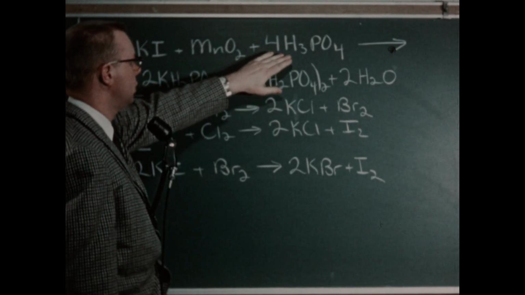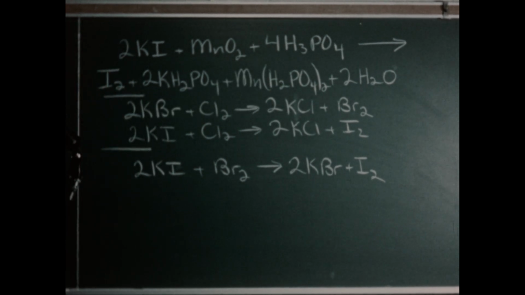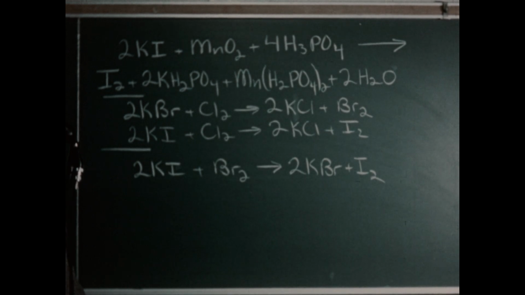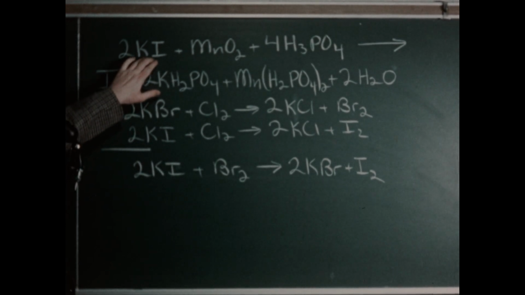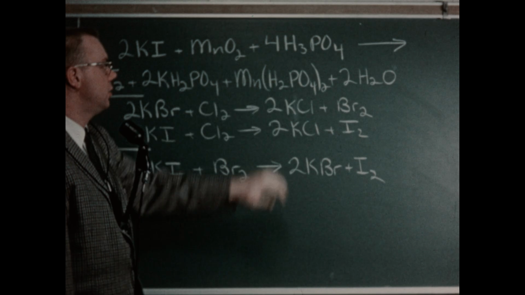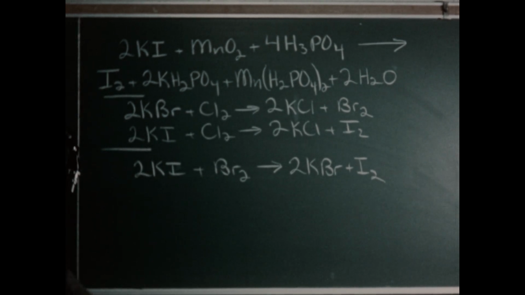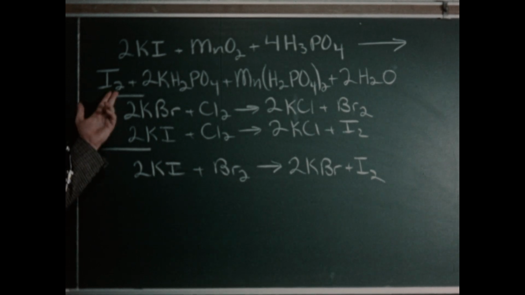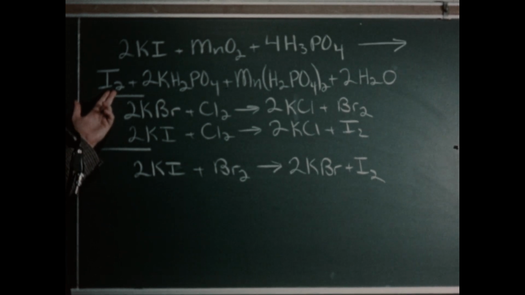The substitution of phosphoric acid for the sulfuric acid that we used previously was for a good reason, because iodides are able to reduce sulfuric acid to hydrogen sulfide. And if we use sulfuric acid in this preparation, the iodine that we obtained would be contaminated to some extent with reduction products of the sulfuric acid.